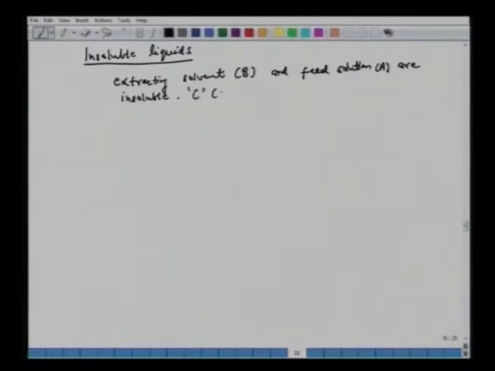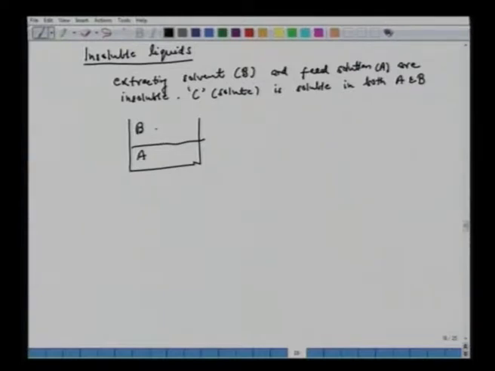And C, which is the solute, is soluble in both A and B. So in other words, if we have feed A and we bring it in contact with solvent B, then at equilibrium we will have C here and C here. So C is the transferring component. A and B are immiscible, or they are insoluble liquids.